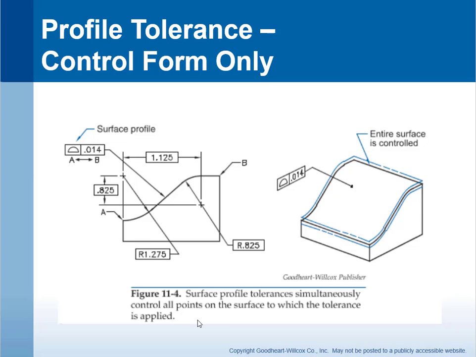Okay, so here we have a profile tolerance, form control only, in which case we have our surface profile. We have no datums. So really what we're doing is we're taking this surface right here and applying a control to it.